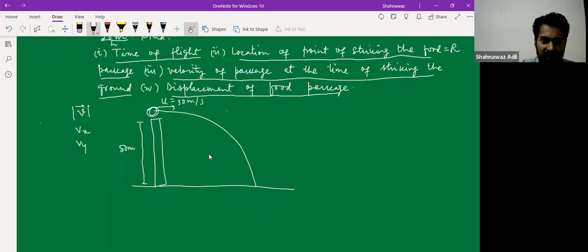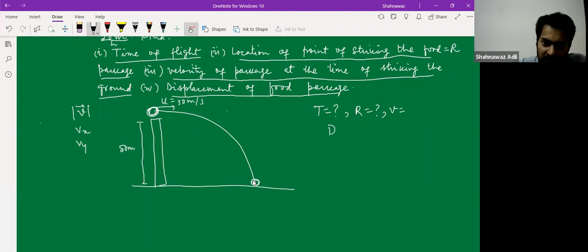So the first question is the time of flight. And the other one is R. And they are asking V. And the last thing they are asking about is the displacement of the food package. So the food package was here and has reached here.